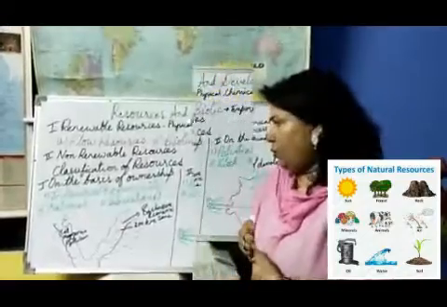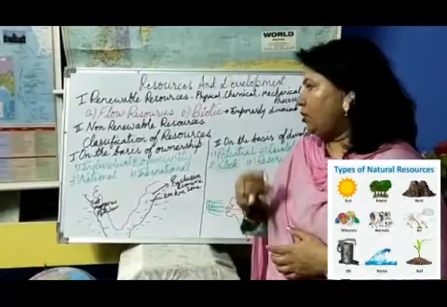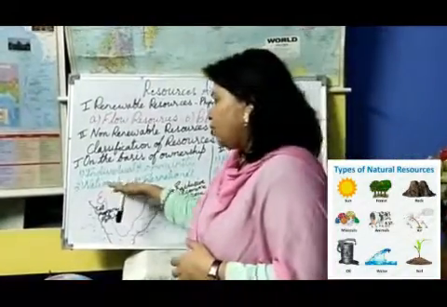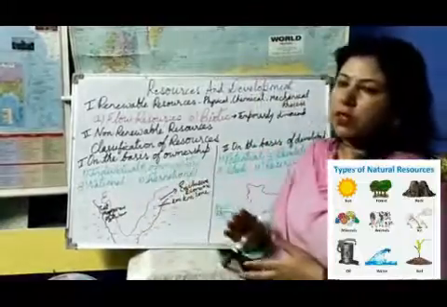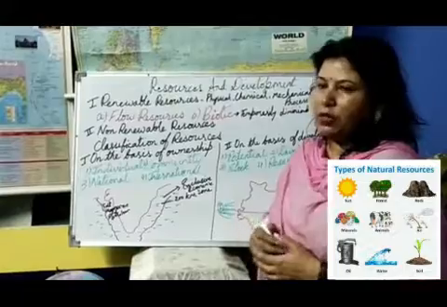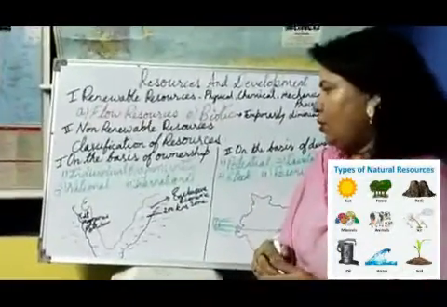Now the park or roads or the cremation grounds come under community resources. Next is national resource. All those resources which belong to our country are national resources. Everything, national parks or all things which are available in our country, is national resource.